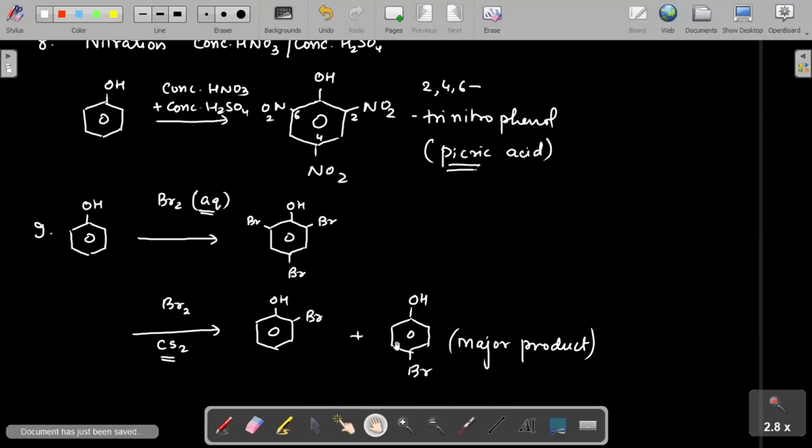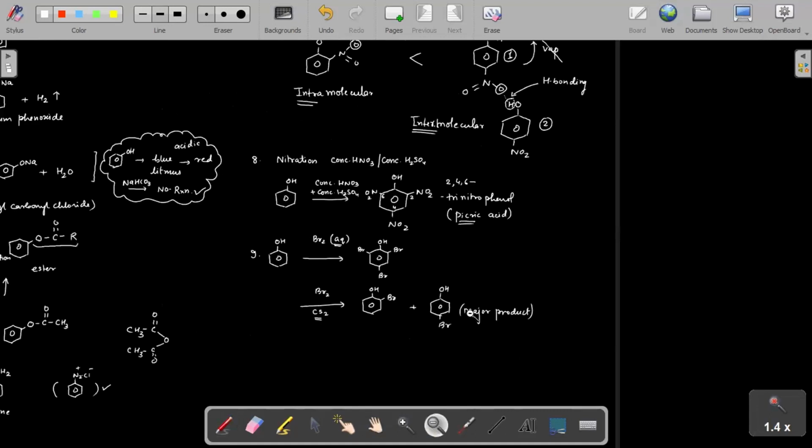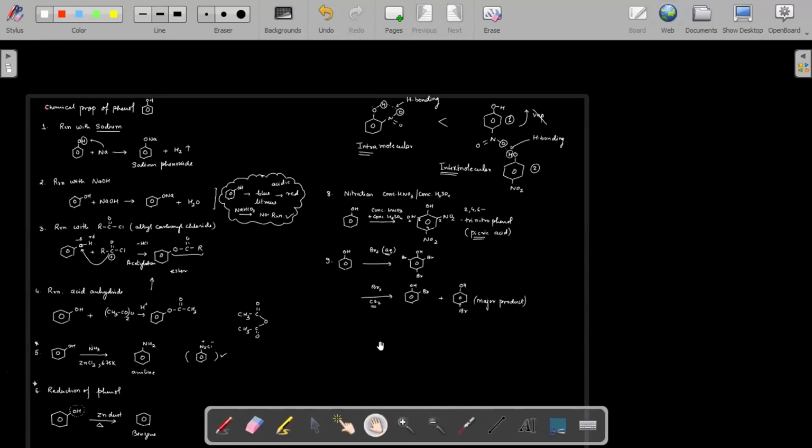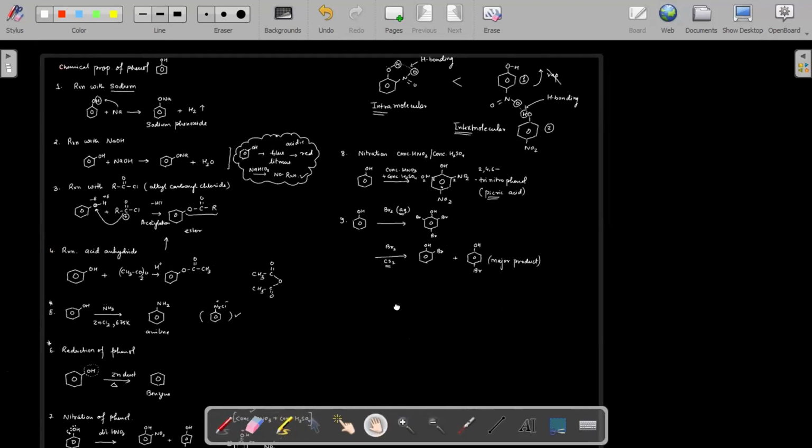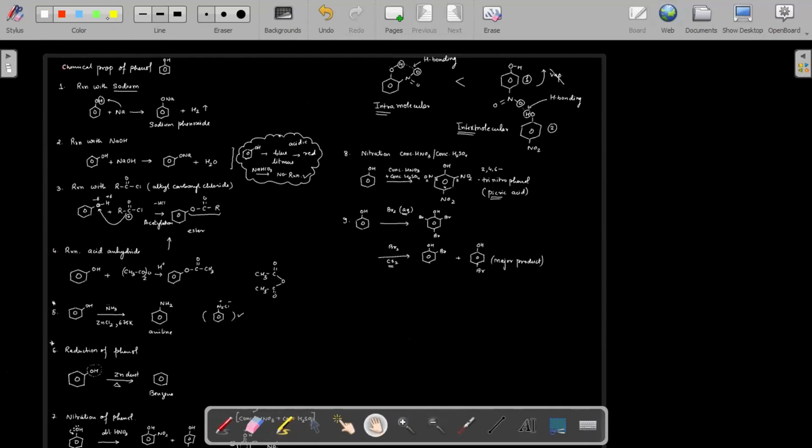So this is how we see the various reactions of phenol. Let us summarize it once again. So we saw the reaction with reactive metals like sodium, Na, giving sodium phenoxide; NaOH, again sodium phenoxide; acid chlorides and acid anhydrides, we got esters.